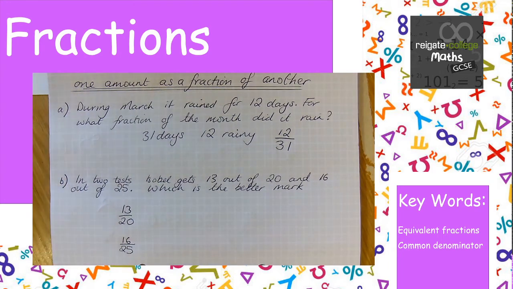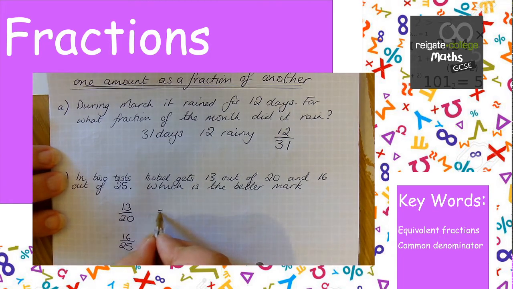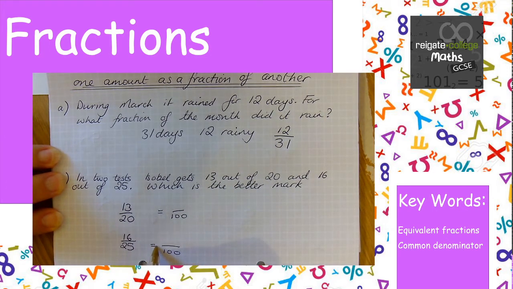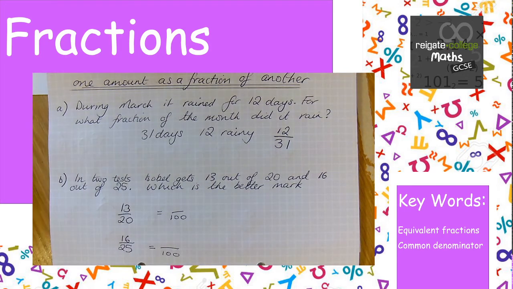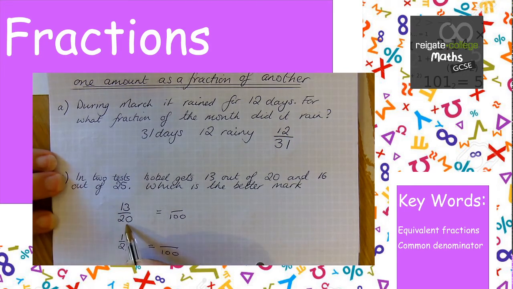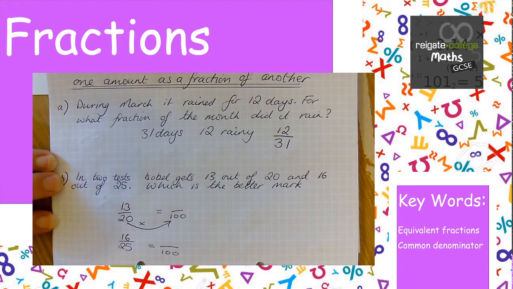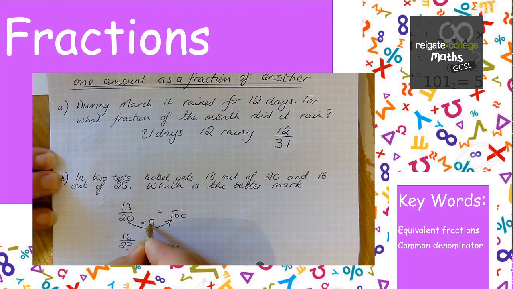Now, to compare these fractions, they need to have a common denominator. And I can see from both of them that the best common denominator would be out of 100. So as we did when we were working out equivalent fractions, I need to work out my multiplier. What do I times 20 by to make 100? That's 5.